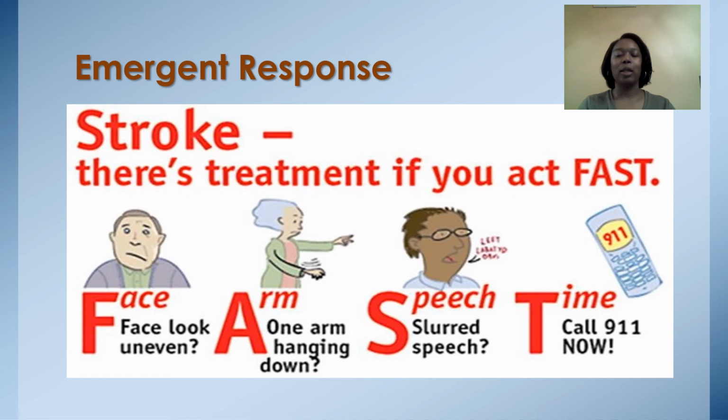It is important to call 911 and to have them taken to an acute care setting for treatment as soon as possible, because as I explained, treatment depends on the timeline, and most stroke protocols have a time frame in which they can actually administer the TPA, and they have to get a CAT scan first in order to state that this patient is appropriate for TPA, or an MRI to confirm that this is an ischemic stroke versus a hemorrhagic stroke.